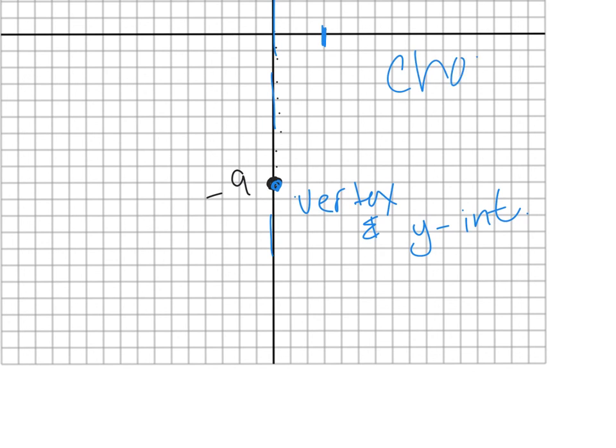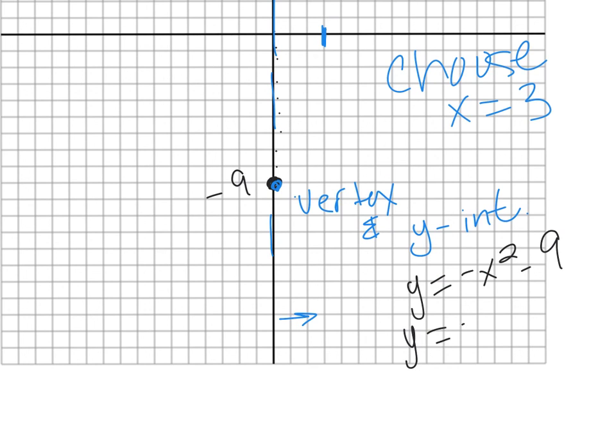So I'm picking that just out of the blue. I decide I want to use x equals 3, and I'm going to get another point on this side of the axis of symmetry, so then I can reflect it, and there's my 3 points. All right, so my equation is y equals negative x squared minus 9.